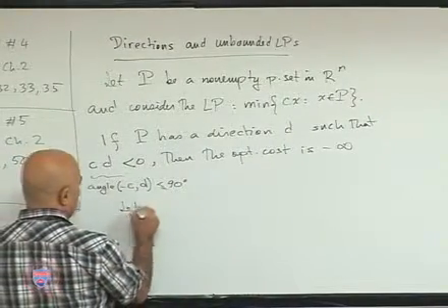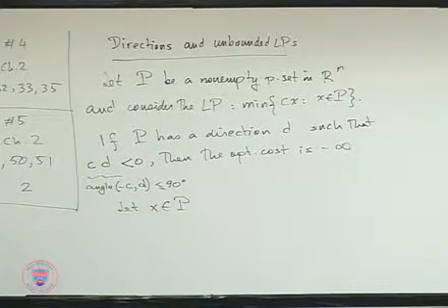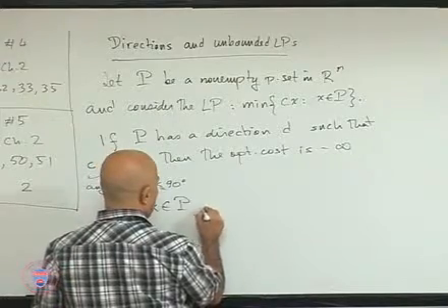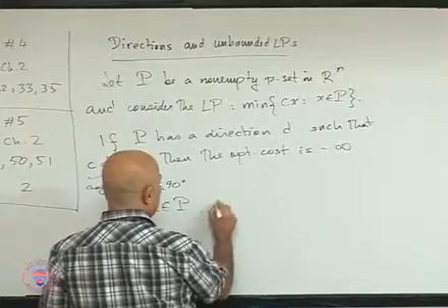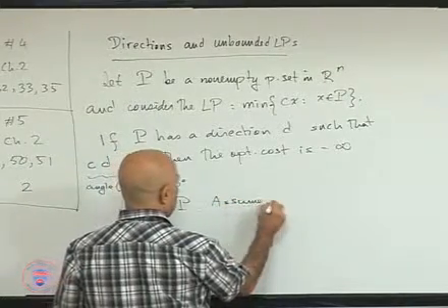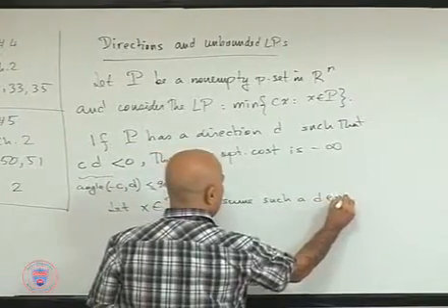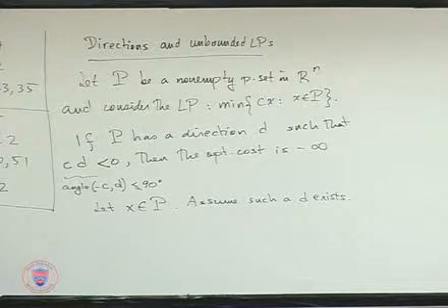So let X be a point in the polyhedral set P. Then assume such a D exists. Of course, D by assumption is non-zero.